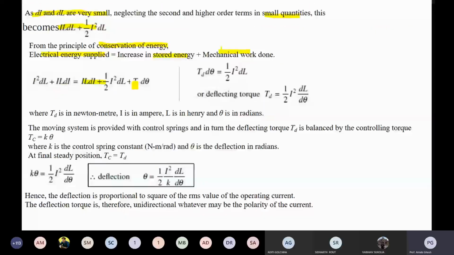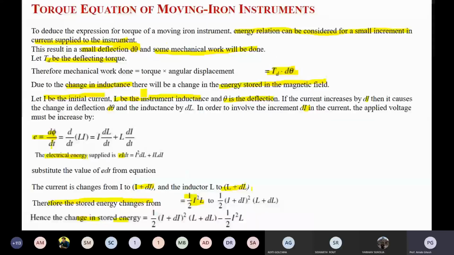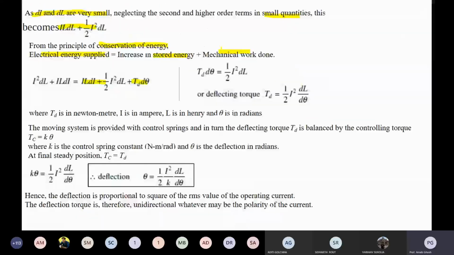And what is your mechanical energy? It is coming from the first formula, Td into d theta. So you can cancel: moving from the right side to the left side, half I square dL and I L di on both sides cancel each other, so Td d theta is half I square dL.